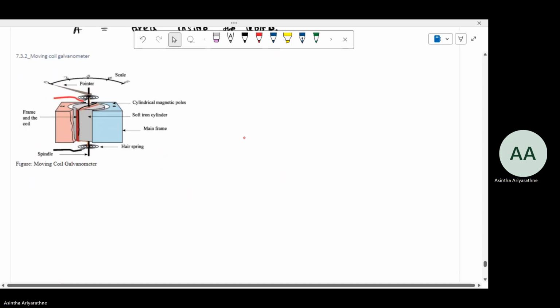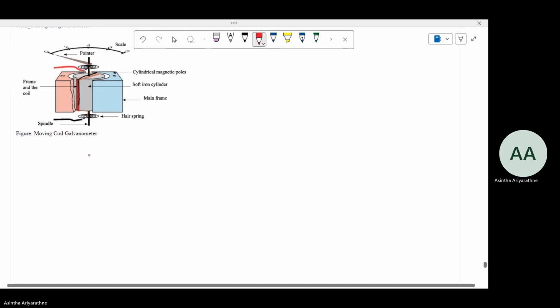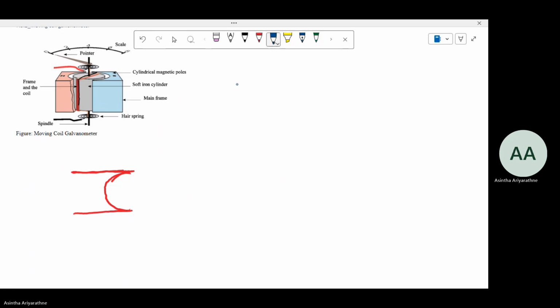Here you can see that cylindrical magnetic poles are used, north and south. This current carrying loop is attached to a soft iron core cylinder.